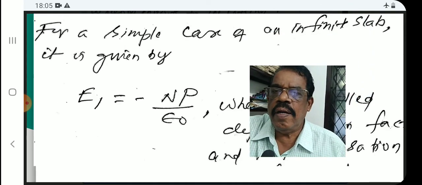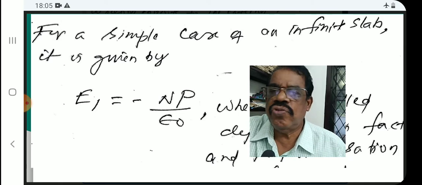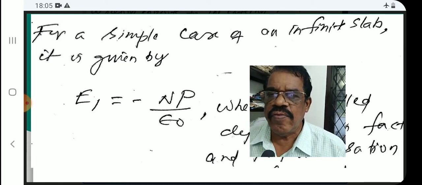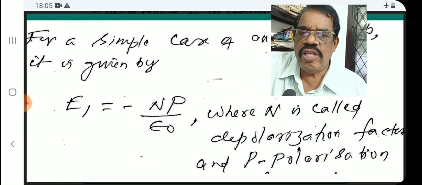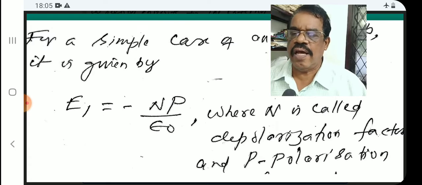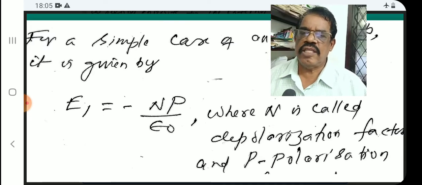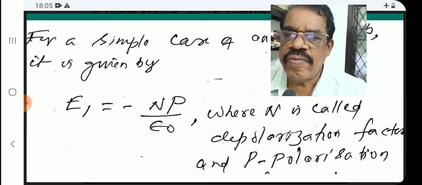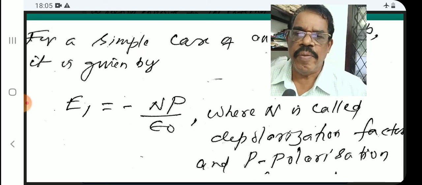For a simple case of an infinite slab, the depolarization field is given by E1 is minus NP by epsilon 0. Previously we have written the relation as E1 is minus P by epsilon 0, because that was for one atom, one molecule, and here we write for one mole of substance where N is Avogadro number.